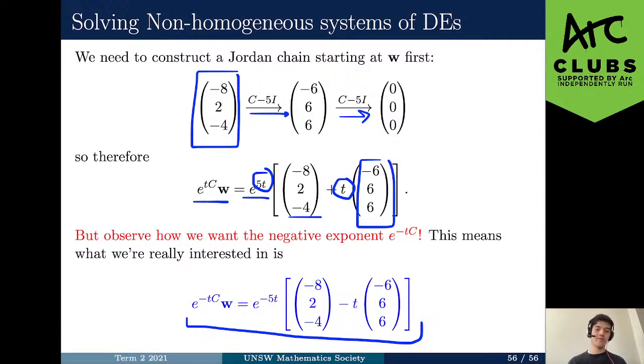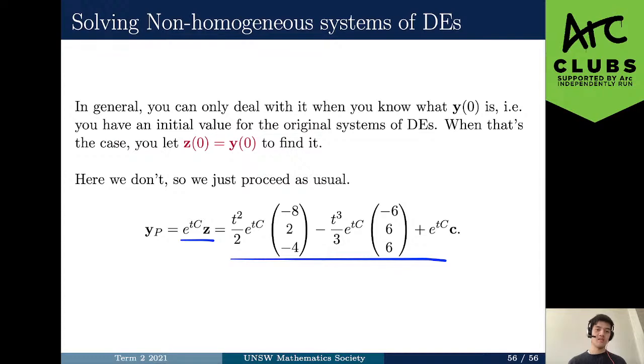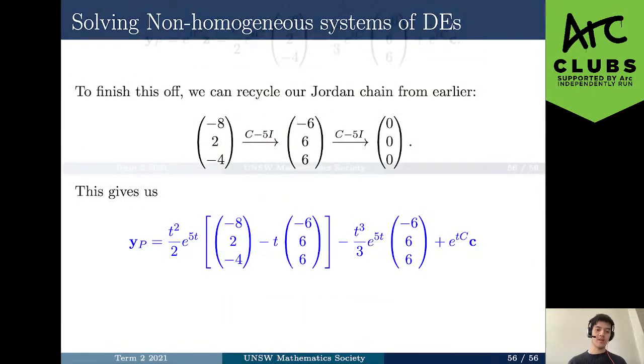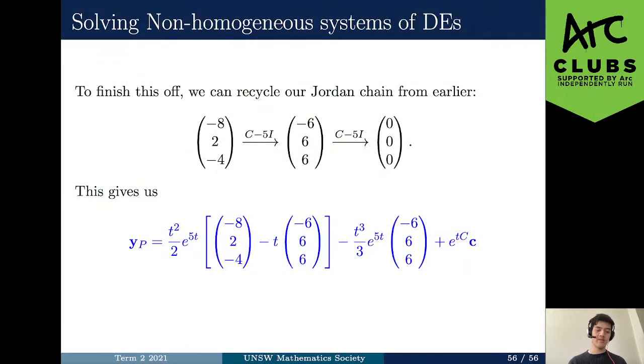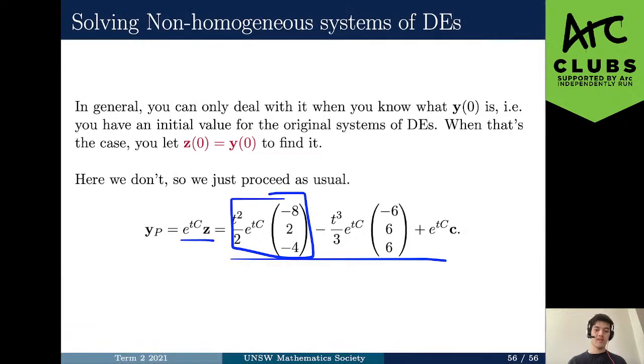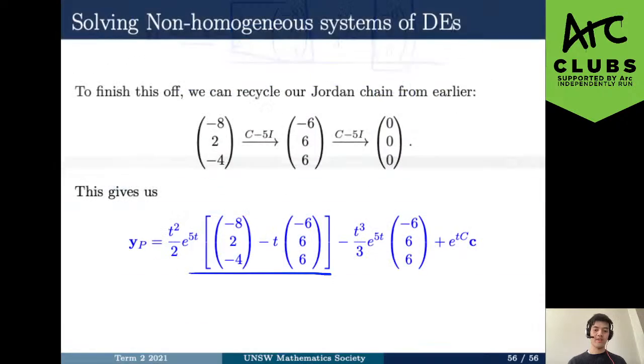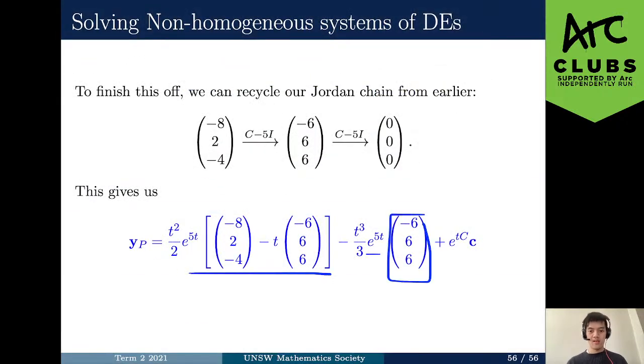So we can apply the same process as earlier. For this first one here, I will need to use that expansion. So I'll get this. And the second one over here is an eigenvector, so I'll just have one term. I just need to multiply it by e to the 5t.